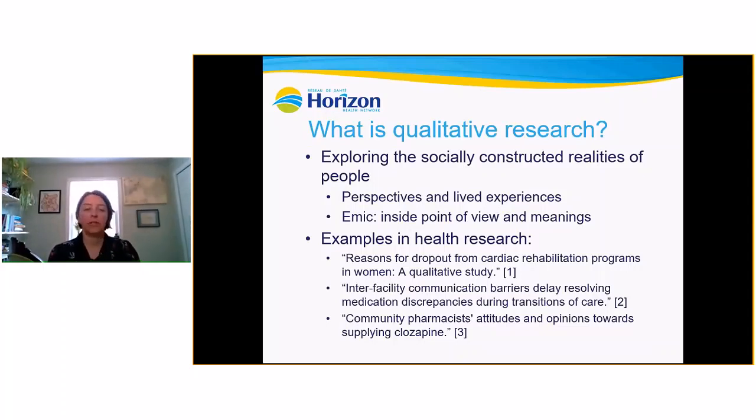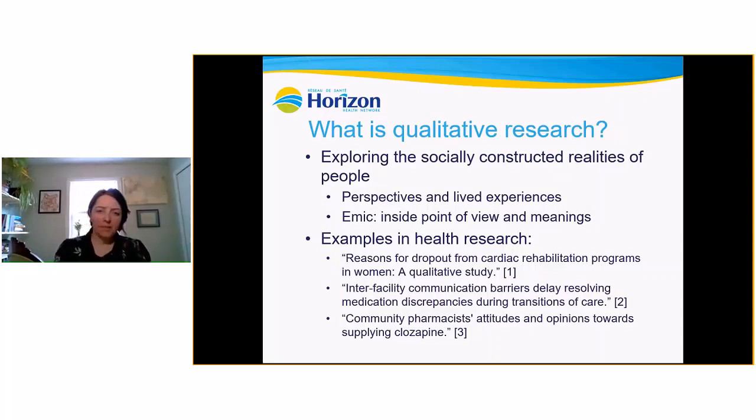You're trying to get at that emic or inside point of view and meanings. And I think that's really important to stress because this is what the fit is with qualitative research. So if your topic is not looking at these things, then I think you need to rethink whether qualitative is what you should be using.